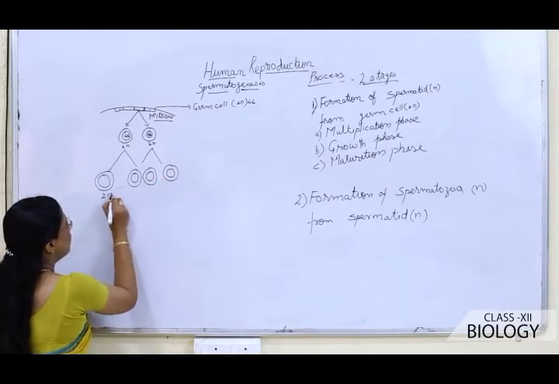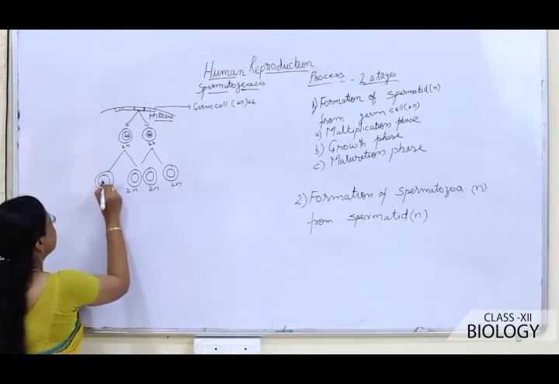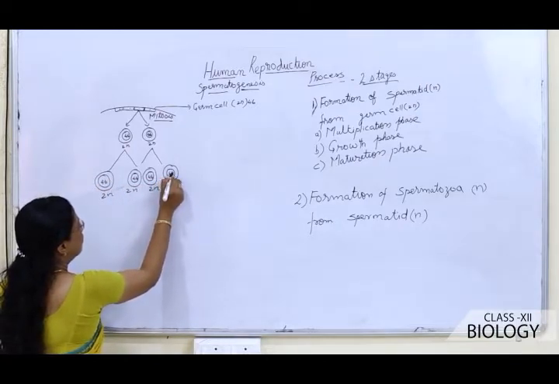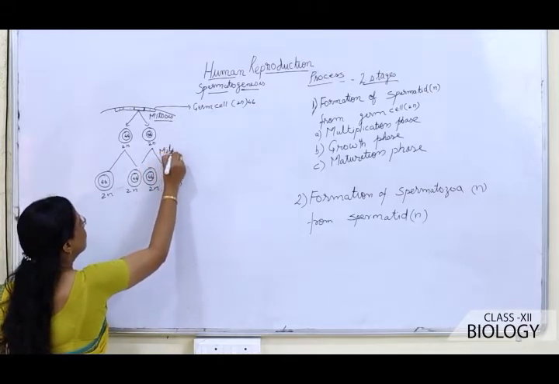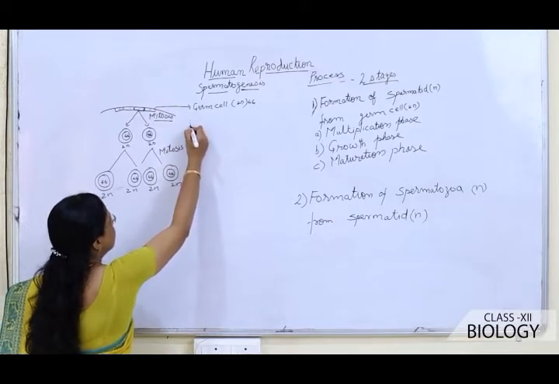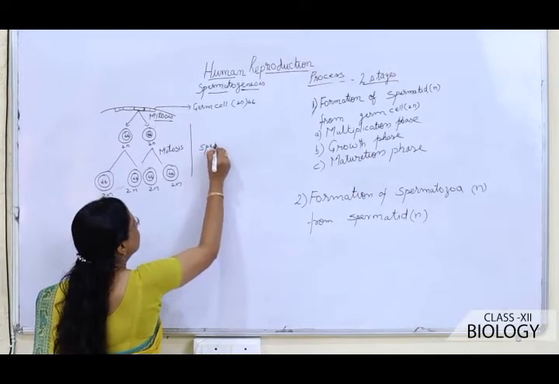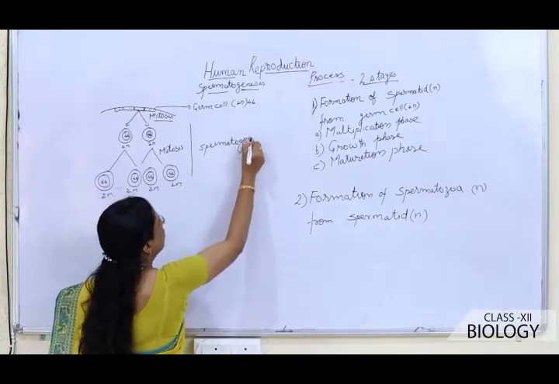It is also diploid and the cells carry 46 chromosomes. So this is also undergoing mitosis. These cells are known as spermatogonia.